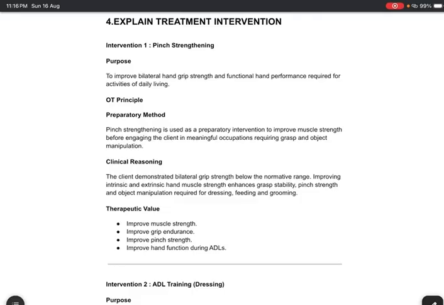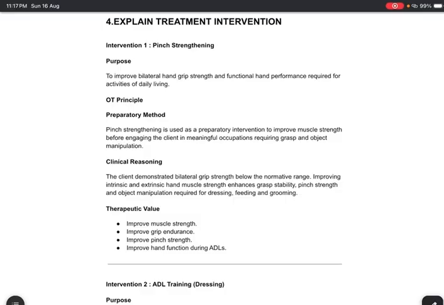Mr. K was positioned in a stable sitting position with proper back and foot support. I demonstrated the activity before asking him to perform it. He was provided with graded resistance ranging from yellow, green, blue, red and black. He performed the pinch strengthening activity for both hands, completing 3 rounds for each hand.